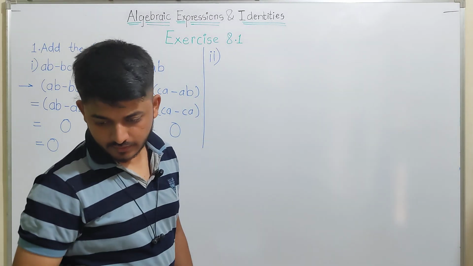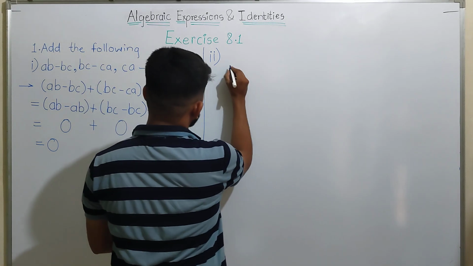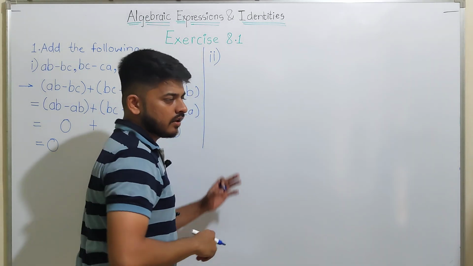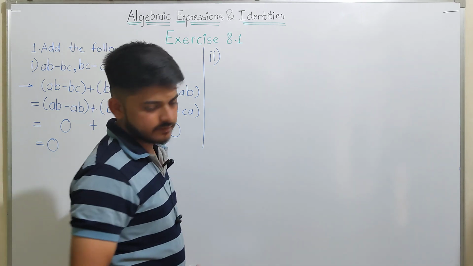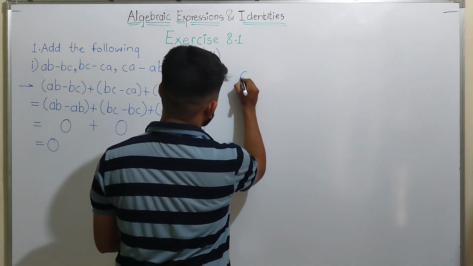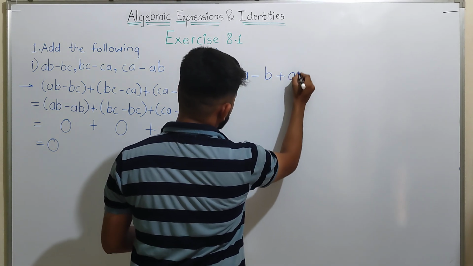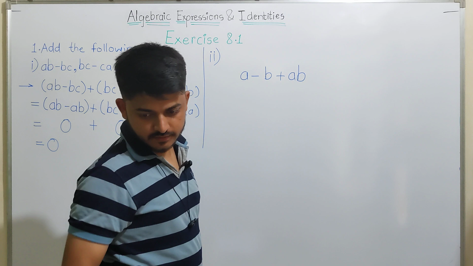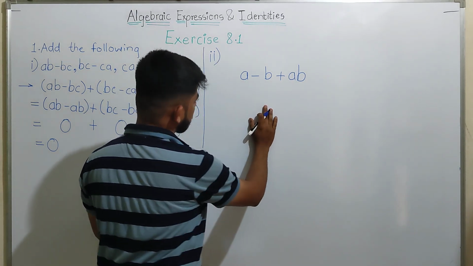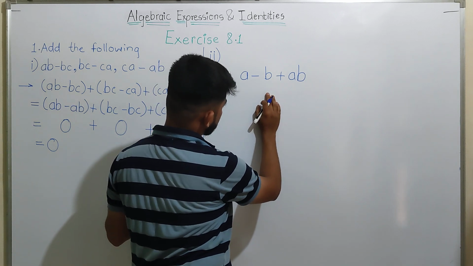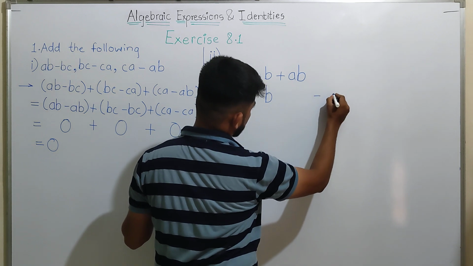I'll read out and rewrite on the board: a minus b plus ab. This is the first term. I'll directly write the solution. So a minus b plus ab. This is the first term. The second term is b minus c. Now see here, b minus c. I'll write b as it is, minus c over here, right?